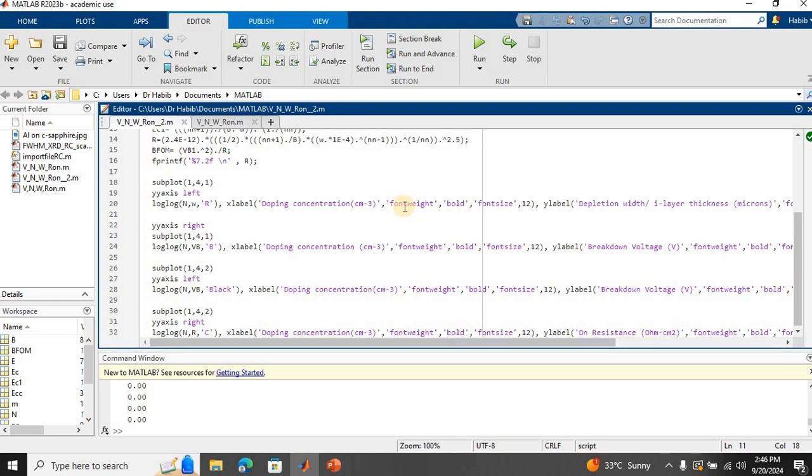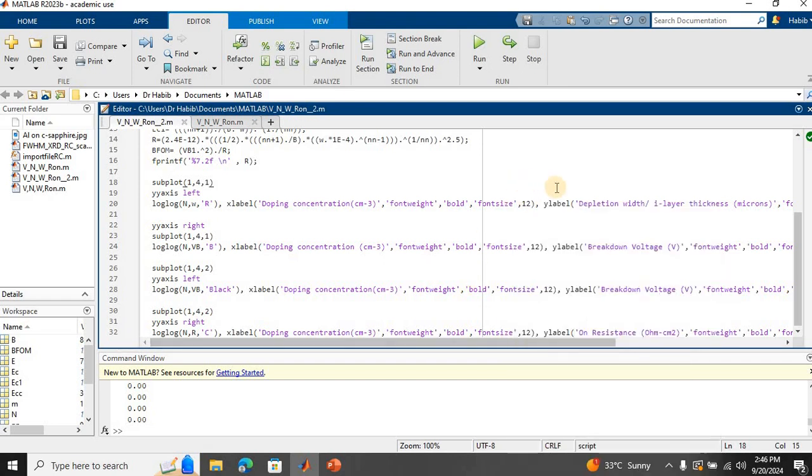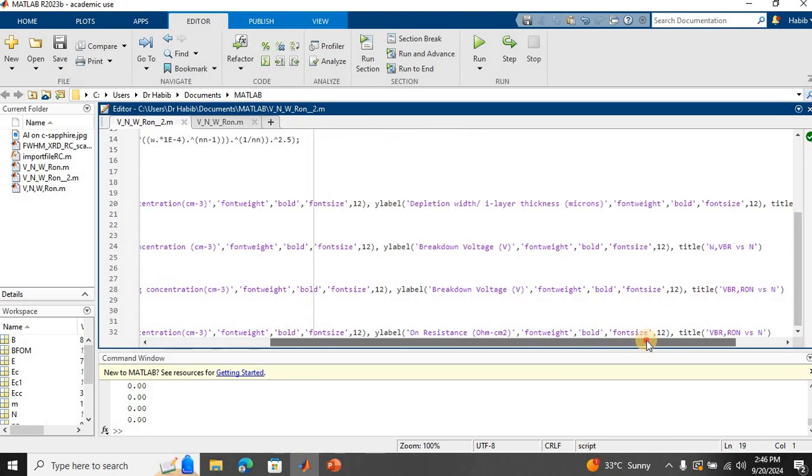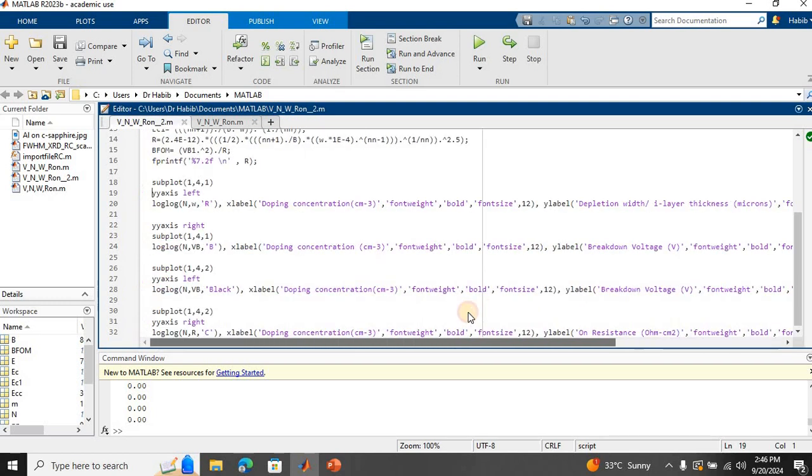And here I define the units, the font weight, the font size, etc., the labels, X label and Y label, etc. So let me move slightly to the right so that you can see the rest of the code over here as well if you want to type it.